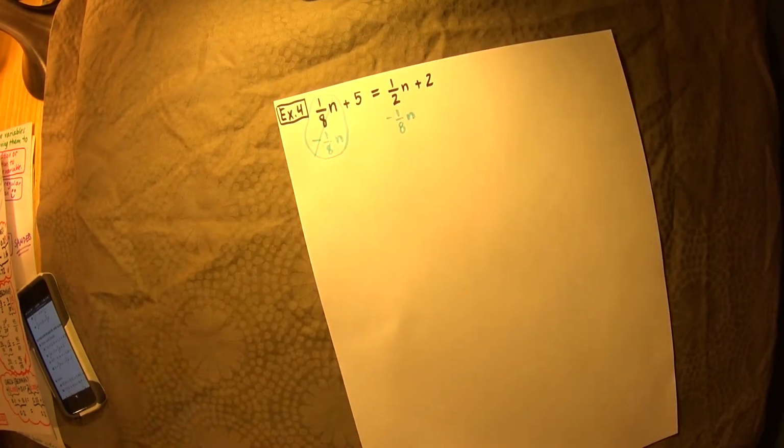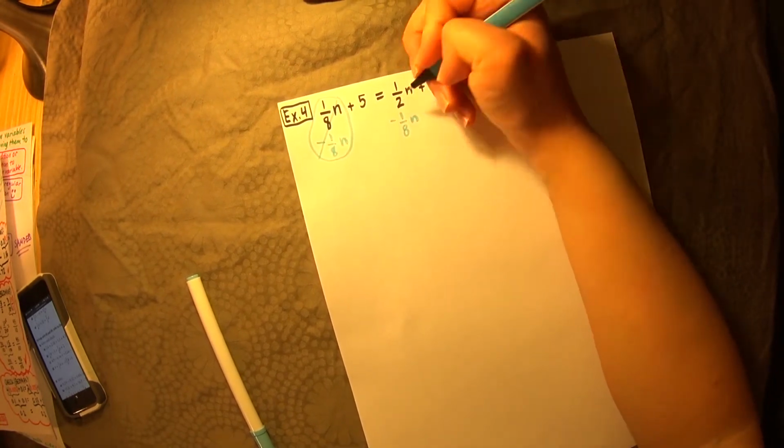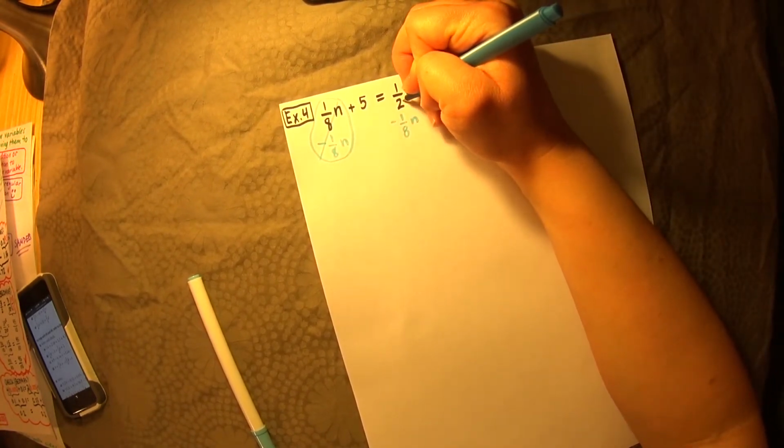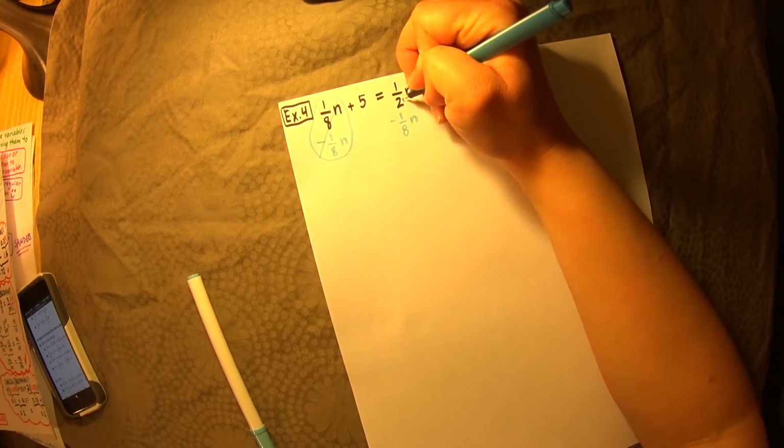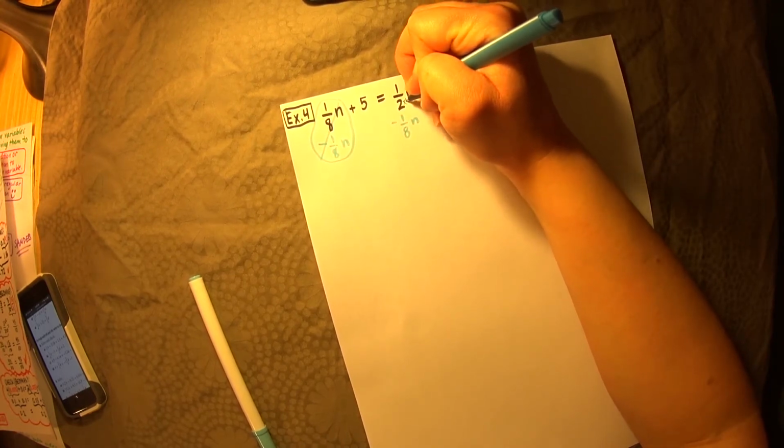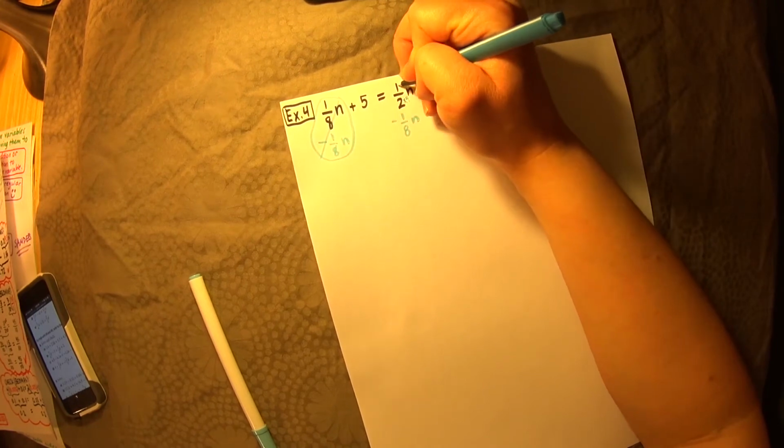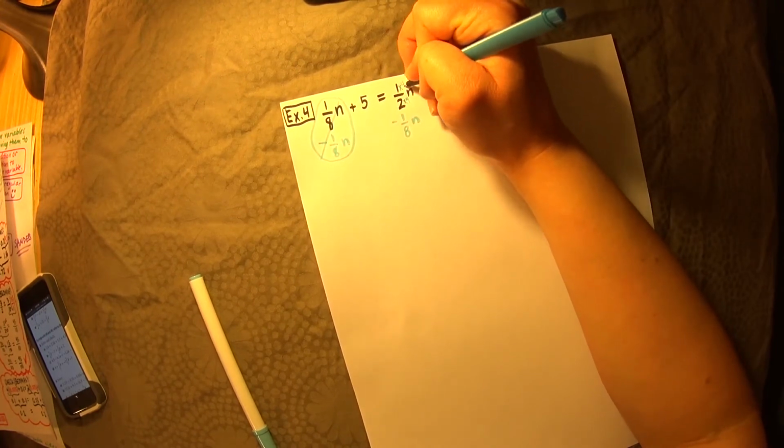As that is, can I subtract? Nope, I need to have common denominators for adding or subtracting fractions. So I'm going to multiply this 2 by 4 to get it to 8, and then do the same thing to the top, times by 4.